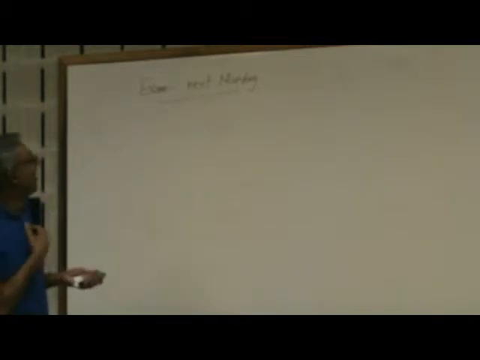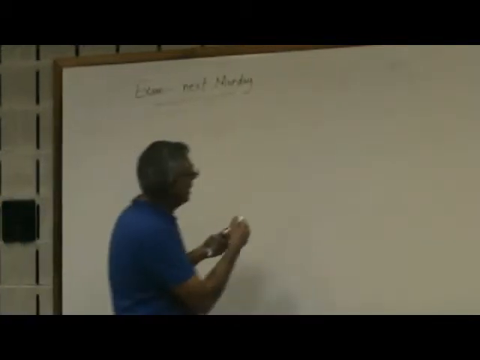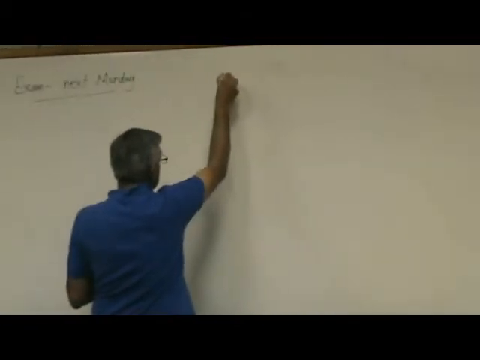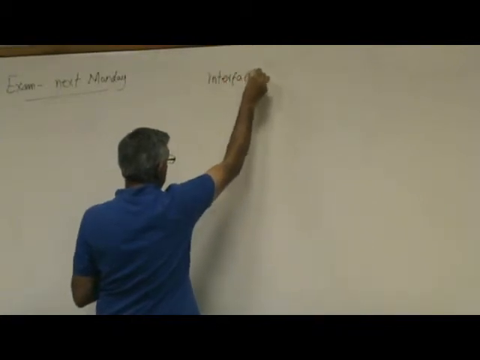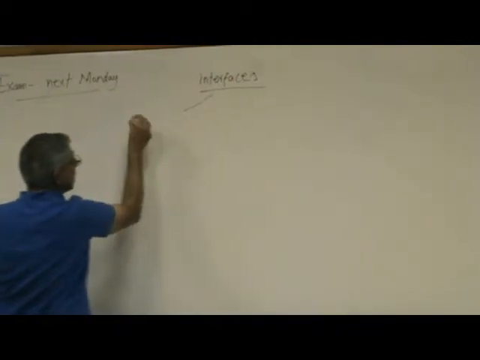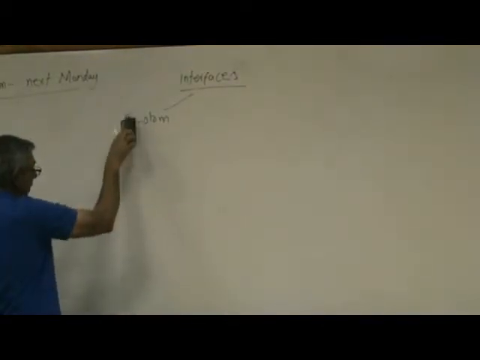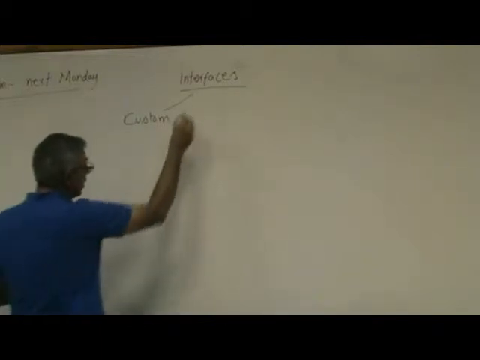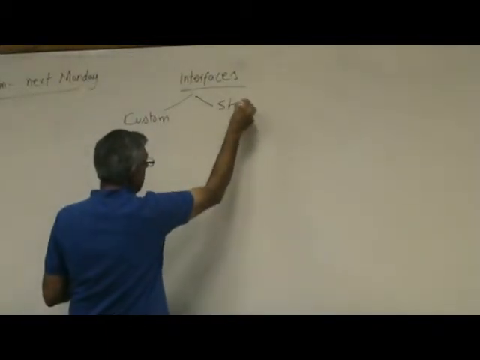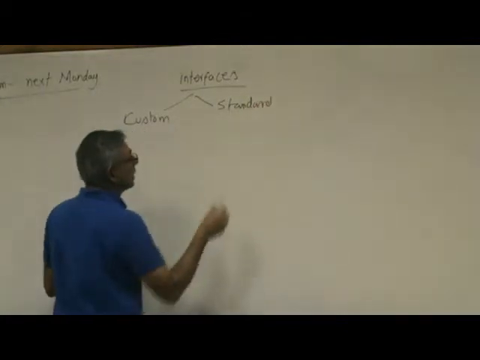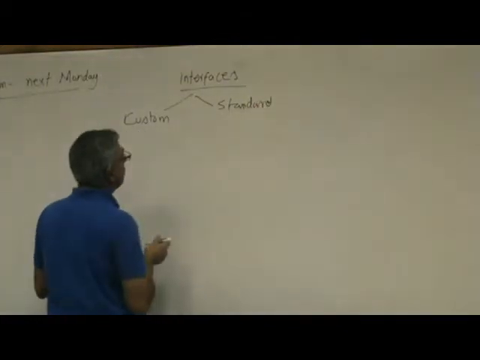All right. So last time we were looking at interfaces. We discussed that we can create custom interfaces, meaning we define the interface, or there are already predefined interfaces in the library, so we refer to them as standard interfaces, right?